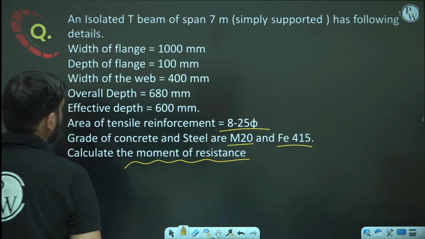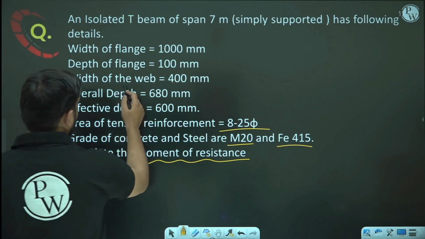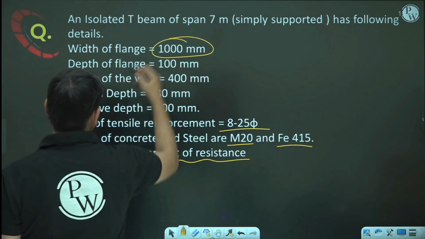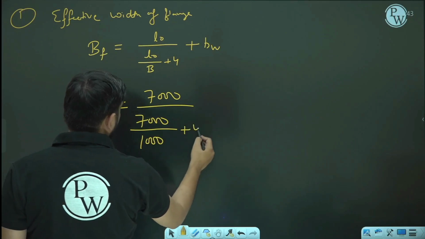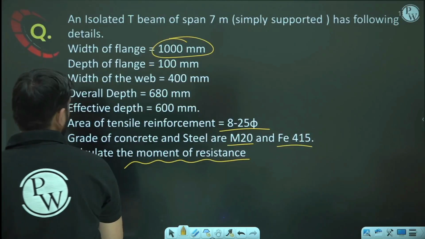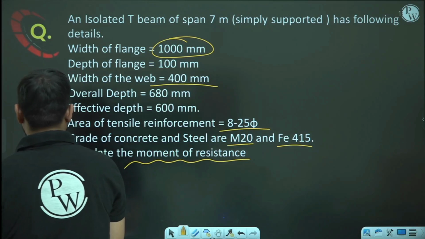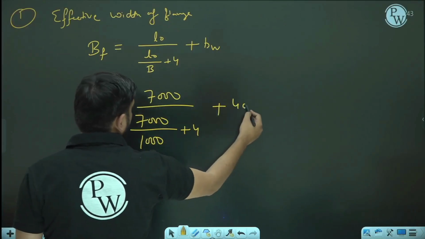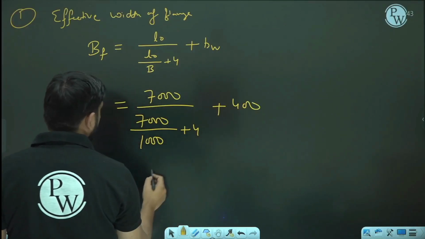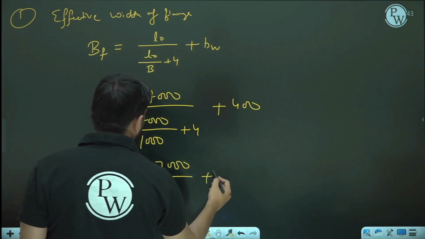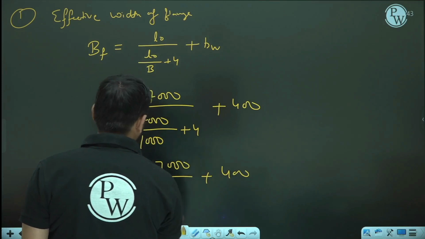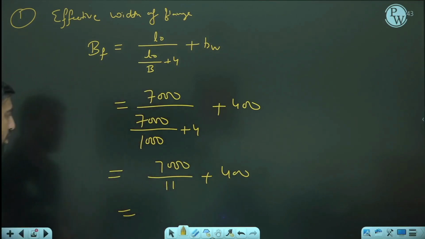Width of the flange is given to you as 1000 plus 4, and width of the web or width of the rib is 400 mm. So if you are going to calculate it, you are going to get 7000 by 11 plus 400. So it is coming out to be how much?